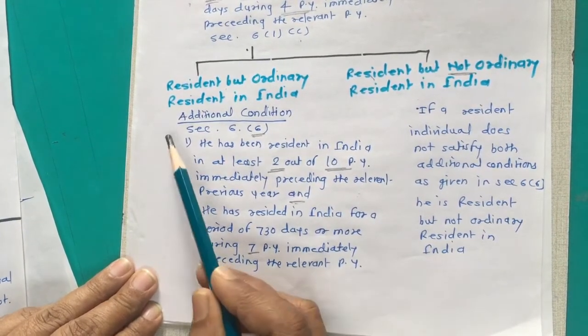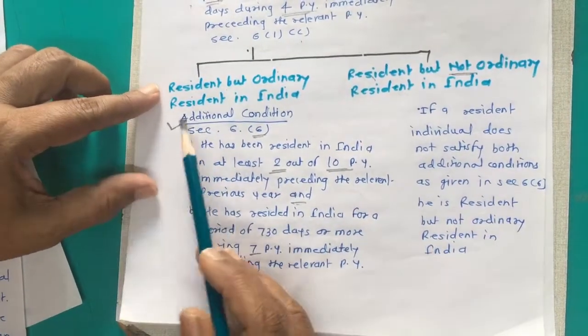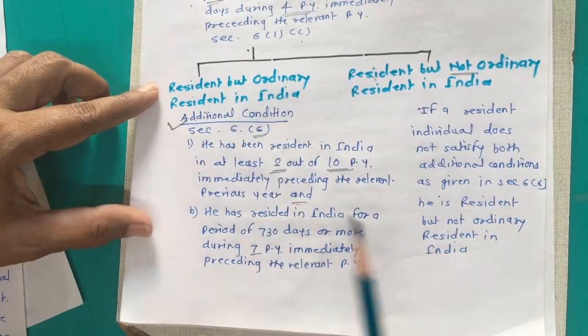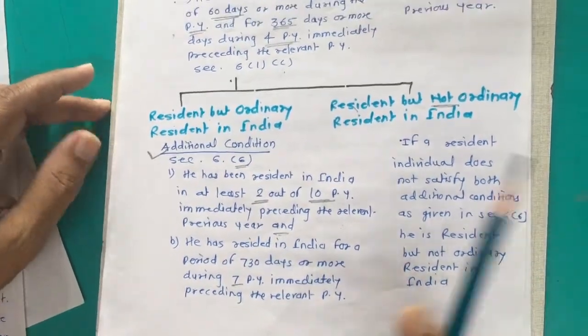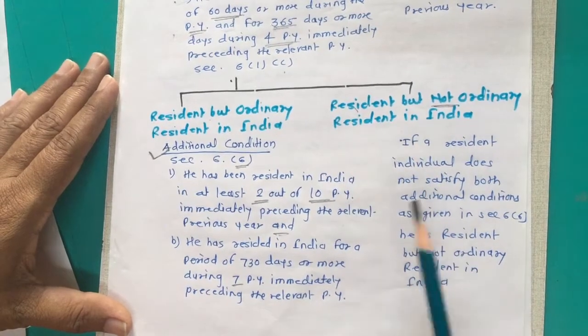These are the additional conditions for deciding the resident but ordinary resident in India. Now we know about the resident but not ordinary resident in India.